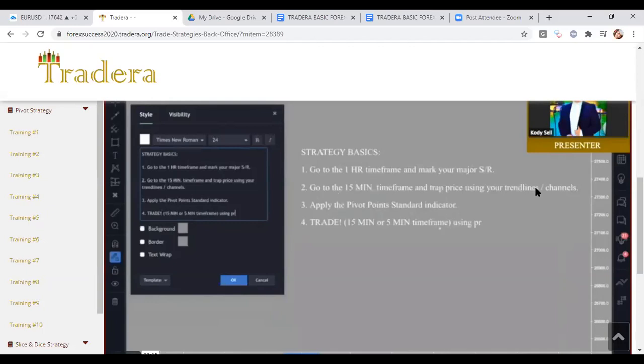Okay, so after you get to the 15 and you trap price, you're going to turn your pivot indicator on. Okay, so now you're ready to start looking for an entry.